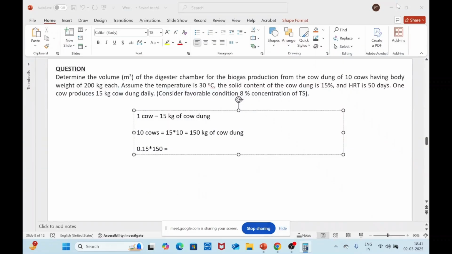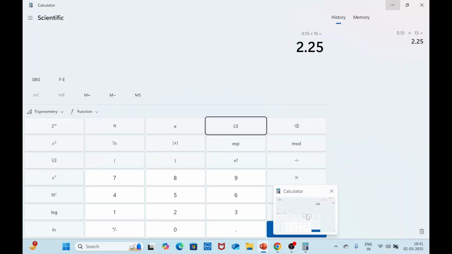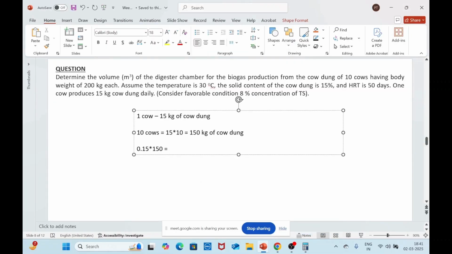Oh, sorry, 22.5 kg of solid content. Now, 8 percentage concentration is the favorable condition. So that influent has 8 kg, so 8 kg is there in 100 kg of your influent.